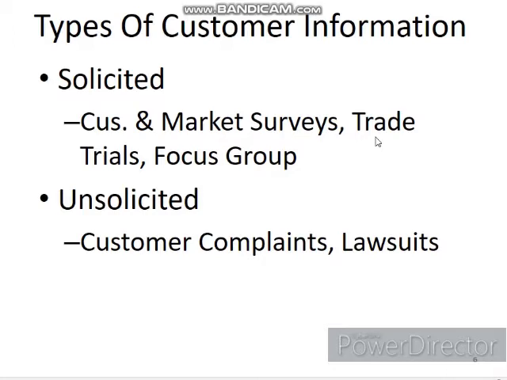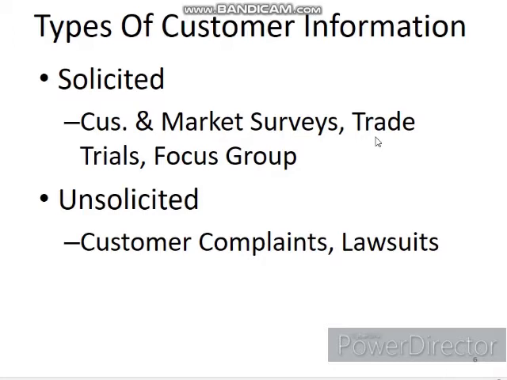For example, if I want to make a product to be used by surgeons during operations, during surgery, what I'll do is gather doctors that routinely do surgery and get feedback from that particular group. You assemble them, you have discussion with them, you ask questions, you ask for feedback, you ask for input. So that's basically one way of gathering information from your customer.